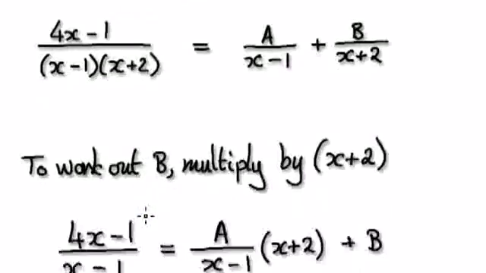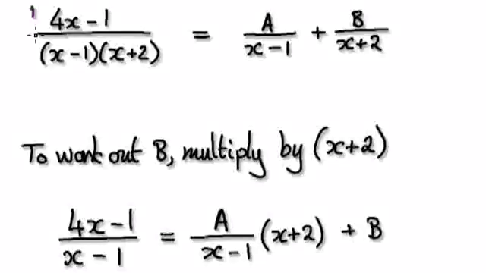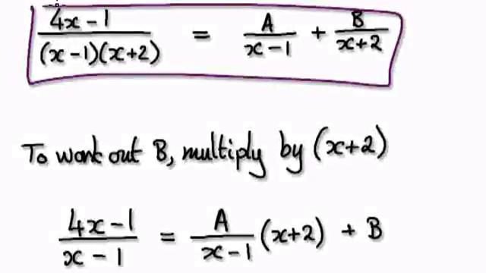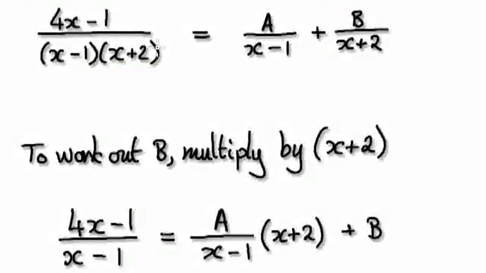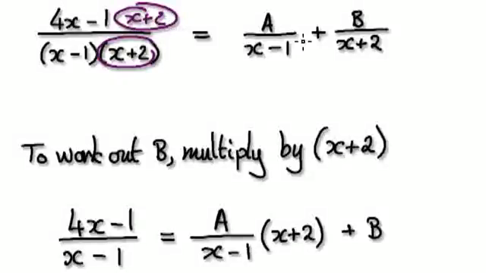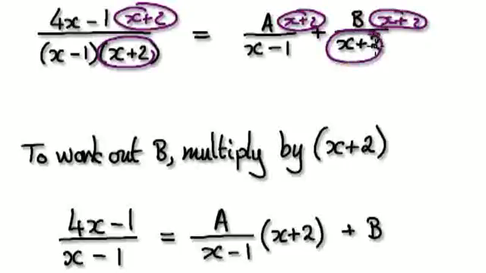So now to find B, looking back at this, to find B, you multiply both sides by this thing here. So when you multiply by that thing there, the left hand side would be x plus 2, and then this thing here, multiply by x plus 2, and then you can see that these two will cancel out.